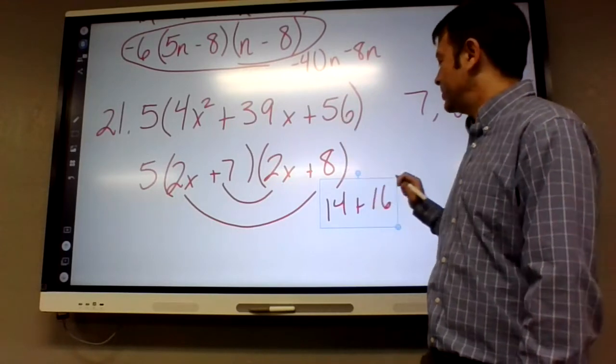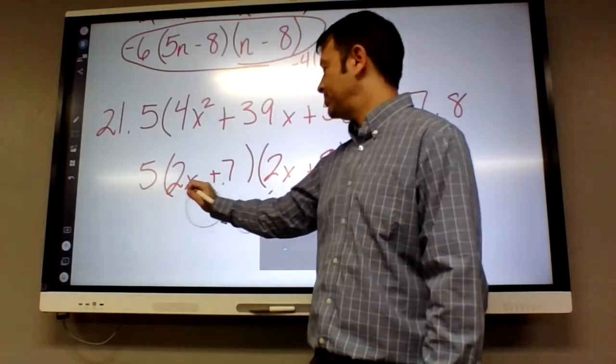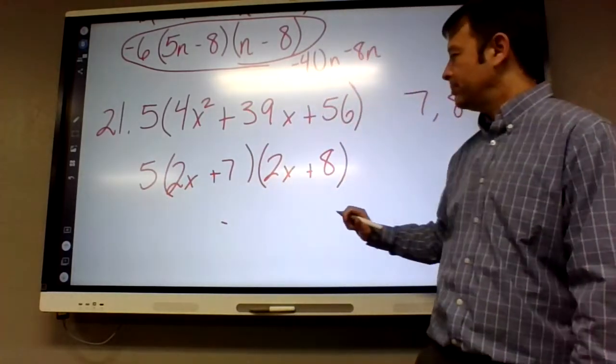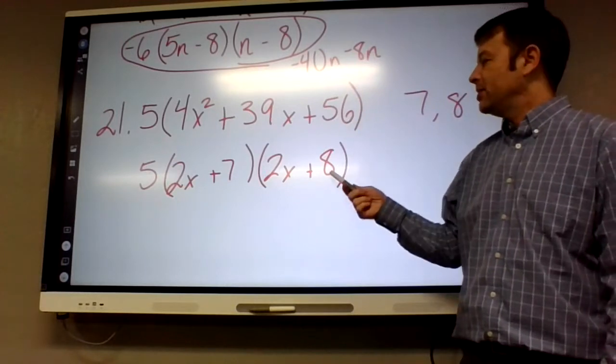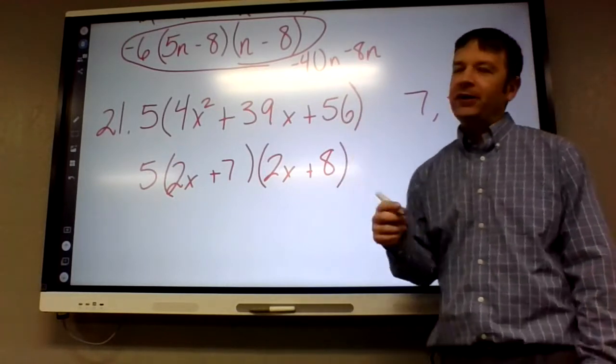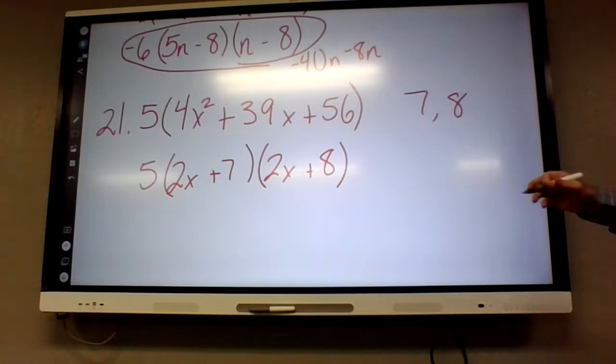Well, okay. What else goes into 56? I'm thinking it might not be 2 times 2 in front. But you guys know something else that goes into 56? Well, if 8 goes into 56, that means 4 could go into 56. 56 divided by 4, I believe, is 14.